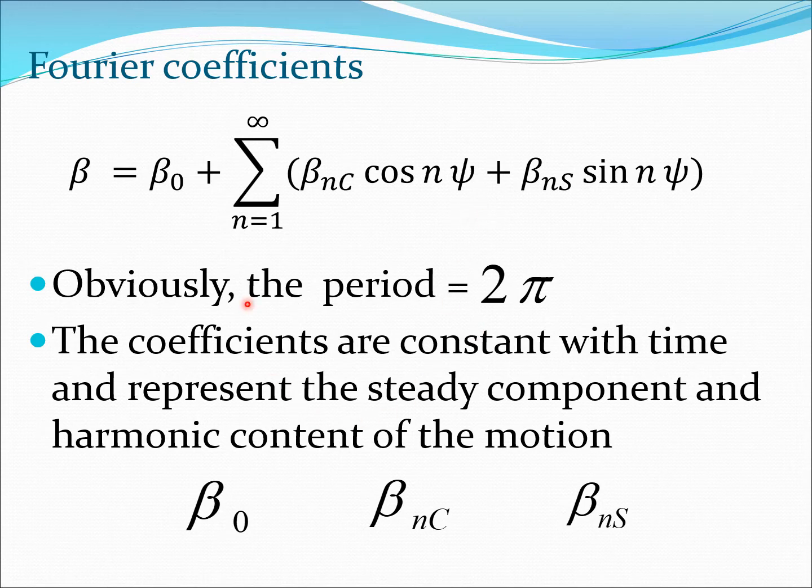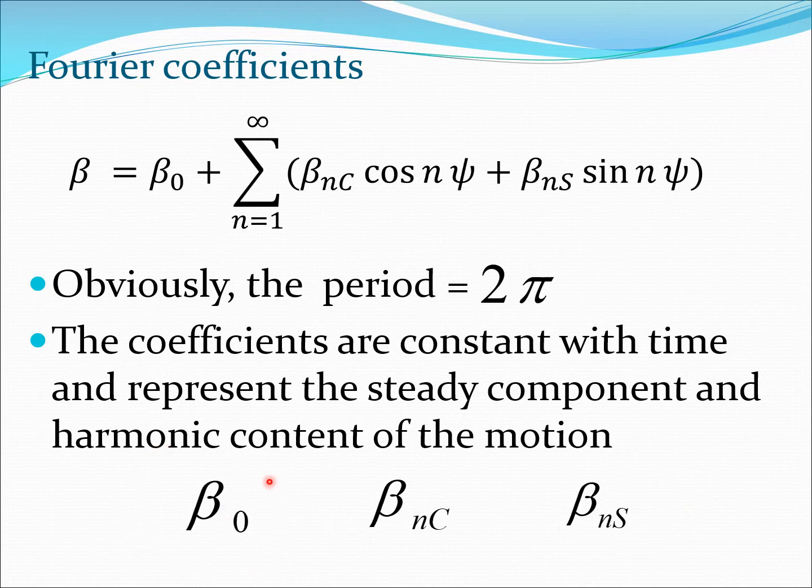Okay. Now these constants beta 0, beta 1c and beta 1s are constants with respect to time. The time part has been shifted to these sinusoidal components. And therefore these components beta 0, beta nc and beta ns represent the steady component and the harmonic content of the motion.